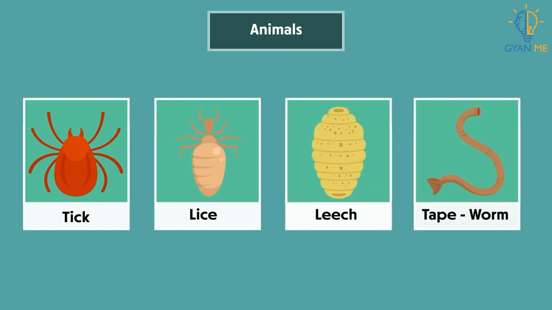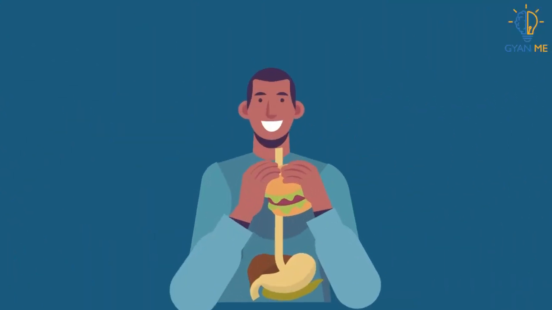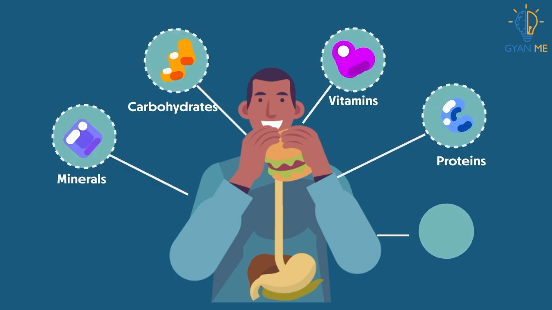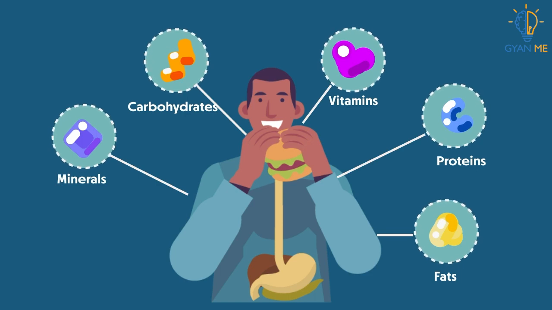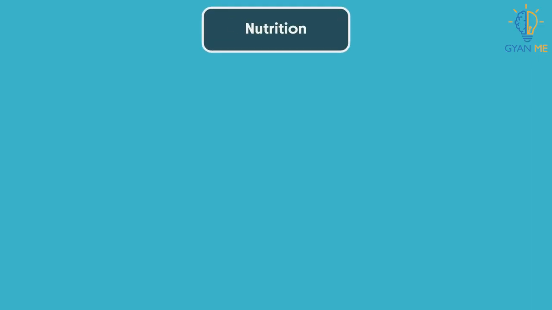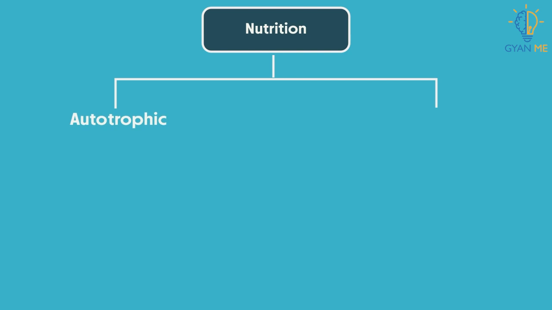and tapeworms. Thus, students, we have learned that nutrition is the biochemical process by which an organism uses food to support its life. The process of nutrition provides the required materials for the energy requirement of the body for various life processes. We have also learned that there are two different modes of nutrition, which are autotrophic nutrition and heterotrophic nutrition.